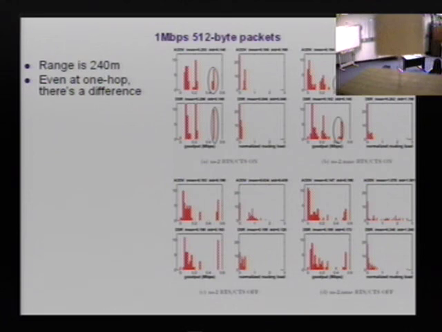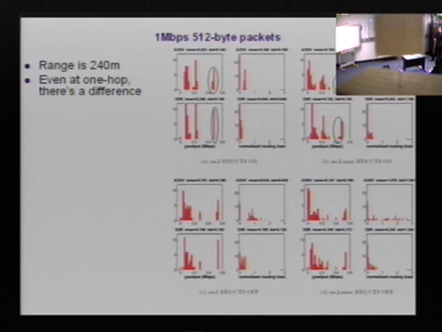What I was interested in is clarifying under what scenarios what you observe. So the first peak, the highest peak, corresponds to 1 hop throughput. We see that even at 1 hop, there is a difference between NS2 and NS2-MME results.